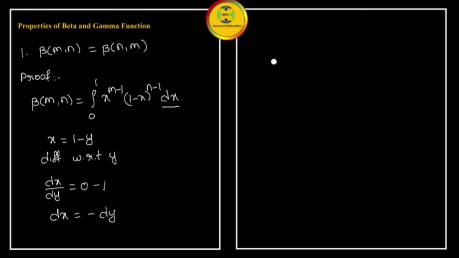Now at the same time, let us see how the limits will change. Since we know x is equal to 1 minus y, at x is equal to 0 implies 0 is equal to 1 minus y, implies y must be equal to 1. So at x is equal to 0 we got the y limit as 1.